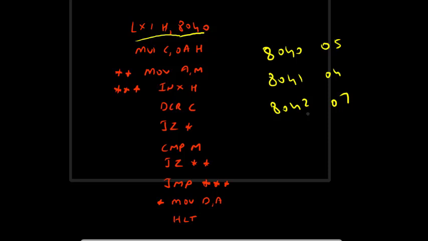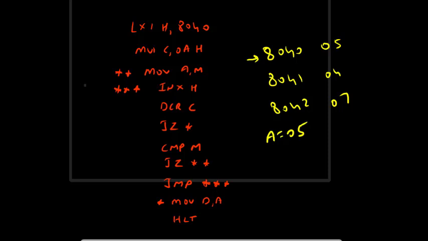We start with LXI H, and MVI C 0A because we have 10 data bytes. Then the first instruction MOV A, M transfers the contents of the memory location pointed to by HL to A. So because of this instruction, A becomes 05.